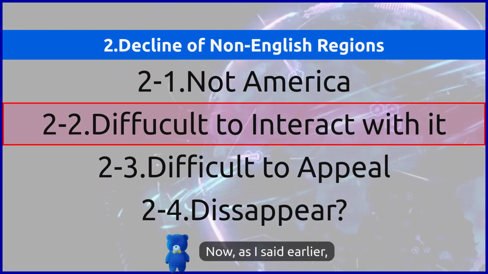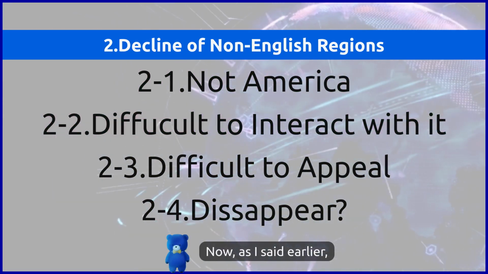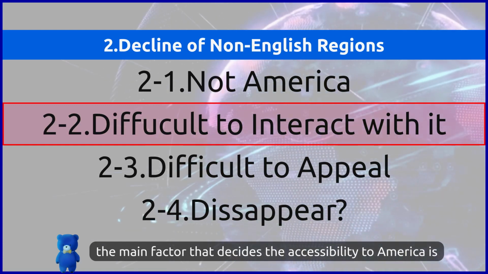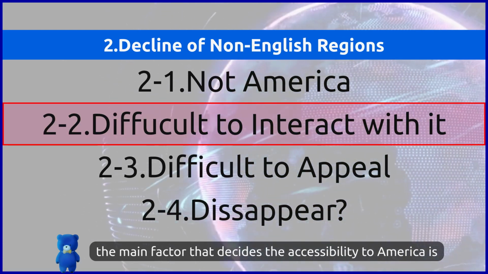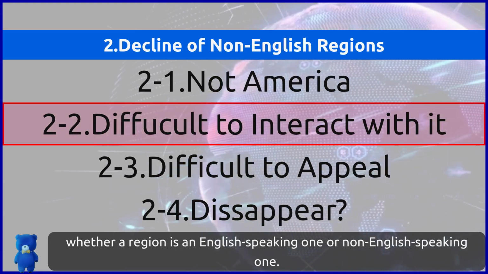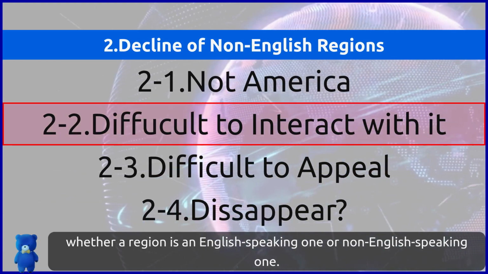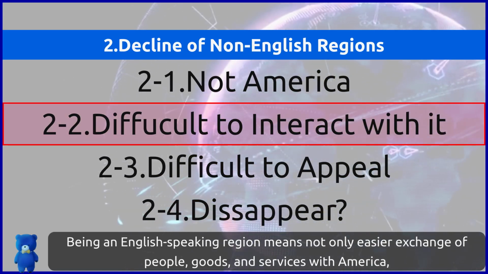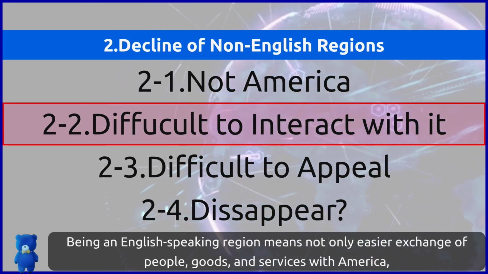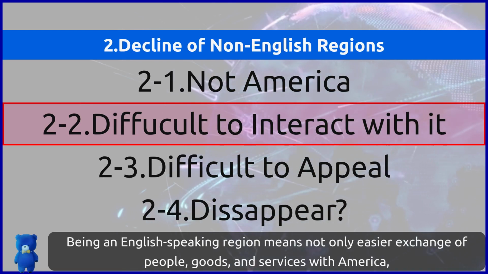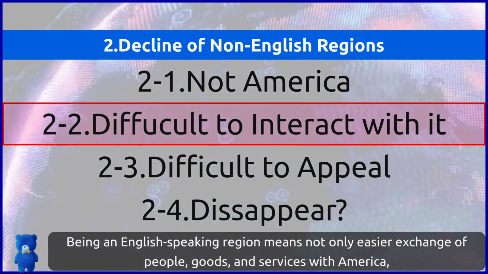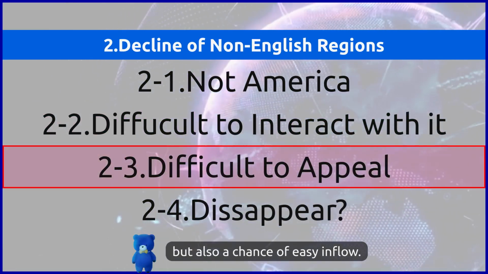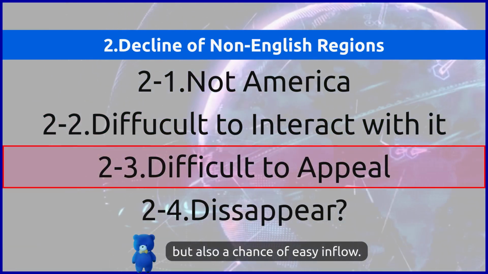Now, as I said earlier, the main factor that decides the accessibility to America is whether a region is an English-speaking one or non-English-speaking one. Being an English-speaking region means not only easier exchange of people, goods, and services with America, but also a chance of easy inflow.